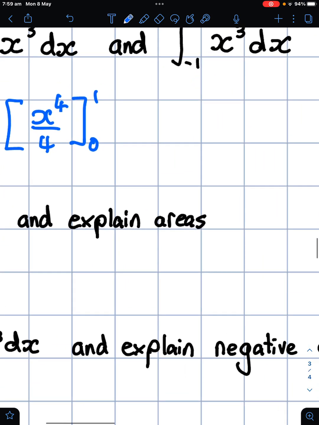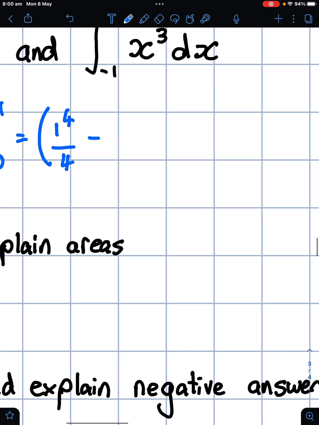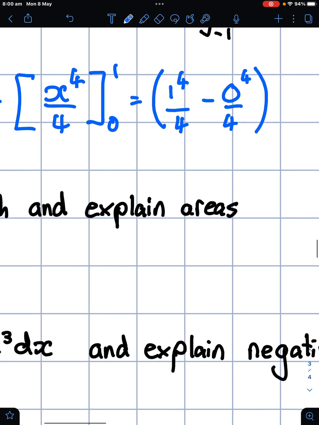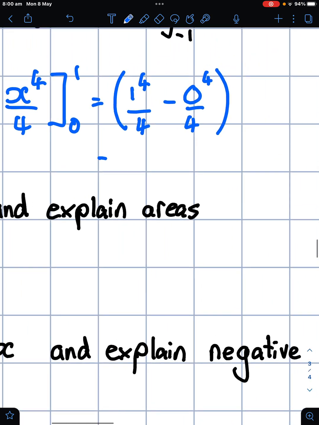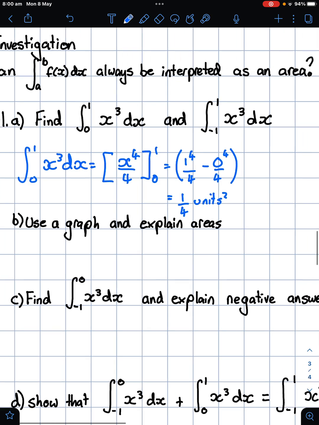Now, in this notation, this means we're going to have 1 to the power of 4 over 4 minus 0 to the power of 4 over 4. So this area is going to equal 1/4 units squared. And if we do the graph, we would find that as well.